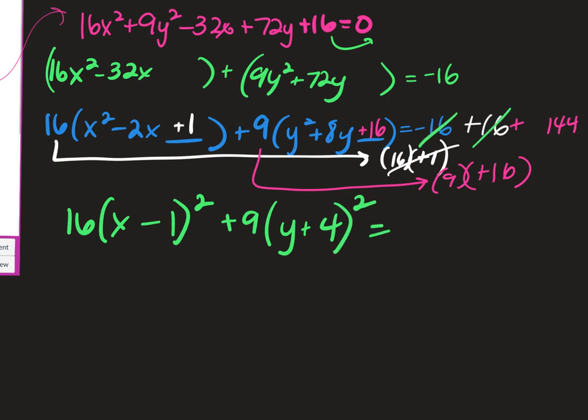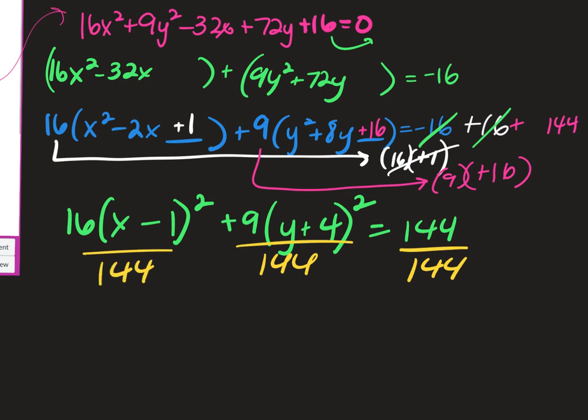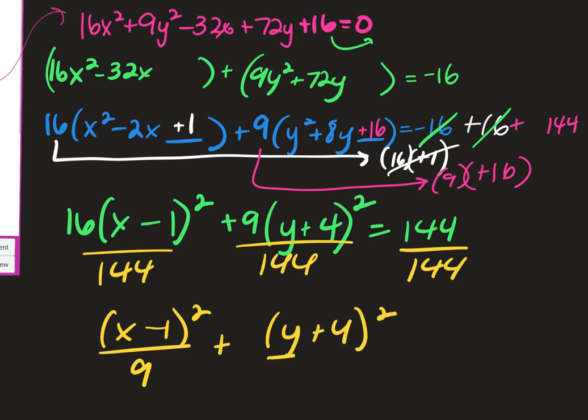Equals 16 and negative 16 cancel out, 144. And then I have to put it into standard form, so it has to equal 1. I divide everything by 144. And I get x minus 1 squared over 9 plus y plus 4 squared over 16 equals 1.